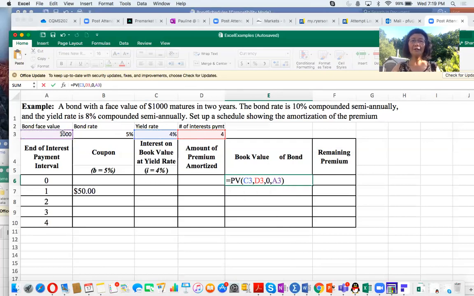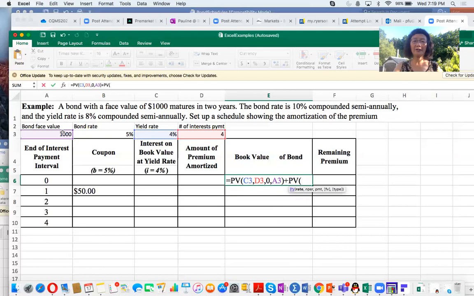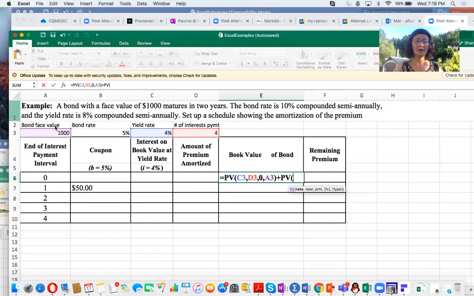So that is the present value of $1,000, plus we also calculate the present value of the annuity with payment 50. So PV, rate is the yield rate, NPER, number of payments, D3, and PMT, negative, this number, and future value is 0.